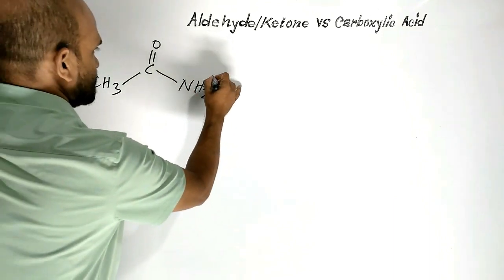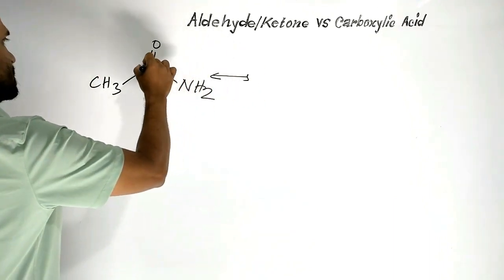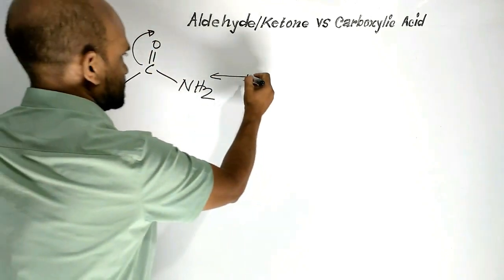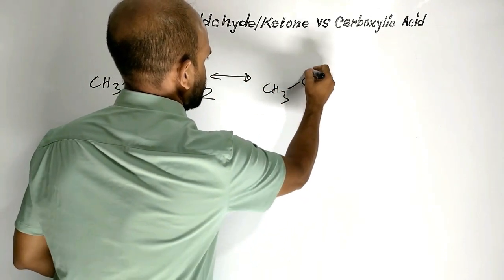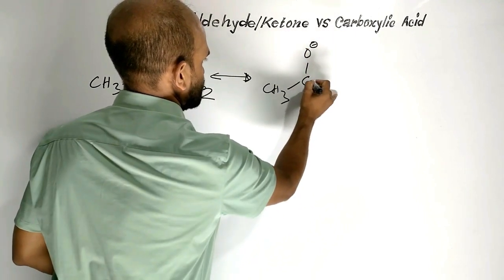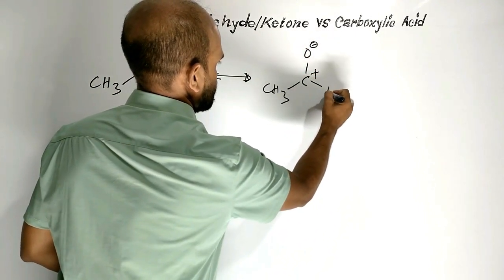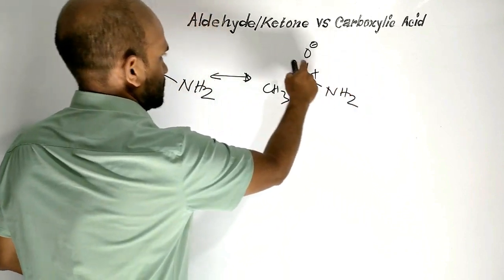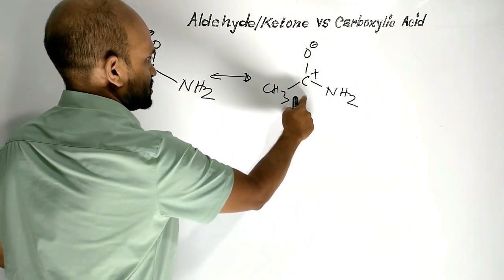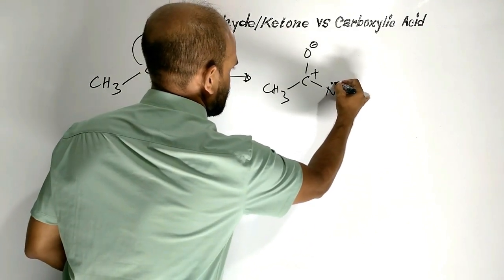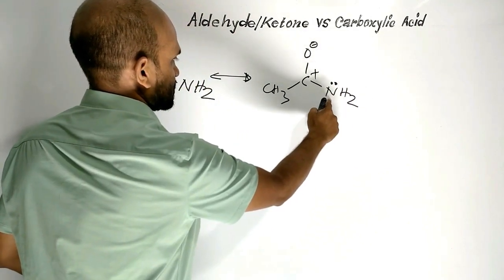Resonance structure of carboxylic acid derivative, ethanamide. Here, the carbonyl group is polarized to form this entity. Oxygen becomes negative in charge, carbon becomes positive in charge. Nitrogen contains one pair of electrons, a lone pair.